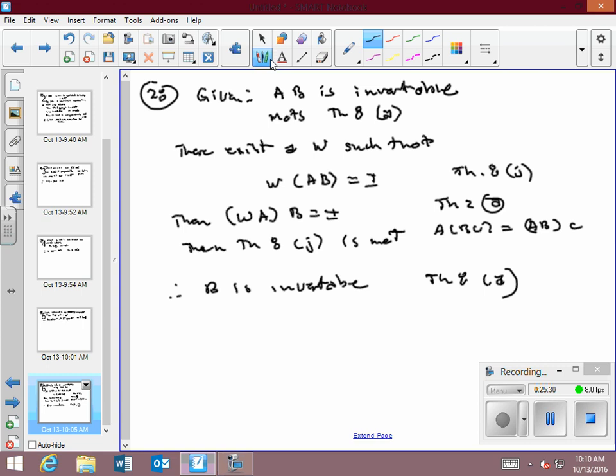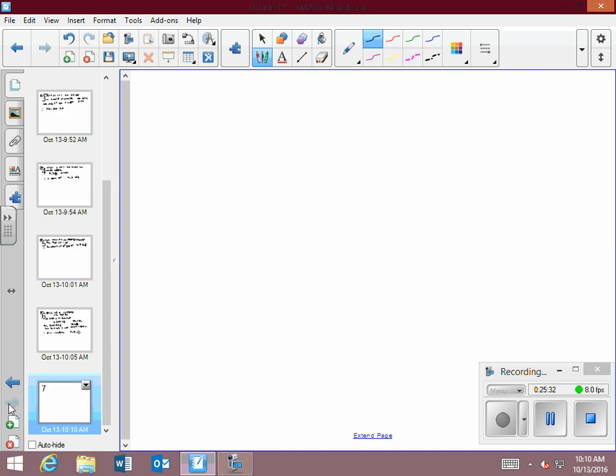I'll do one more. Number 30. If A is an n by n matrix and the transformation x maps to AX is 1-to-1, what else can you say about the transformation? So what's given to us?